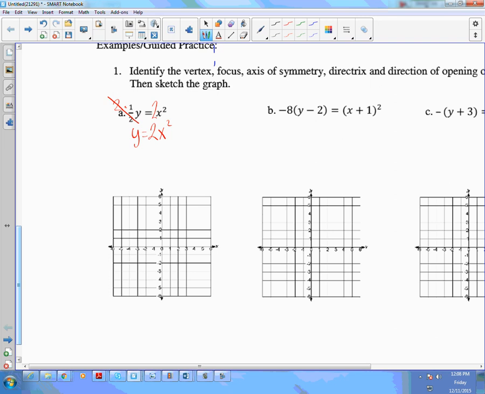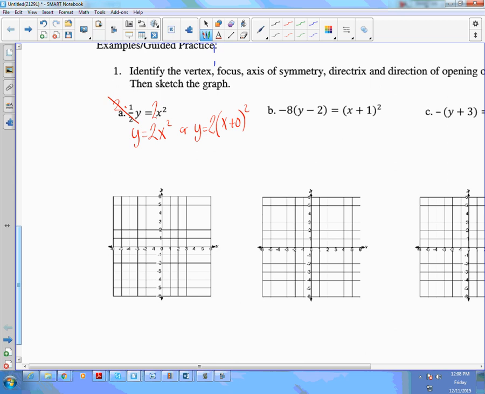Place your hands with the vertex as a point, which has an X and a Y. I do not see the right answer yet. Caleb has the right answer. Are there parentheses around the X? No. So I can rewrite this as 2 times X plus 0 squared.